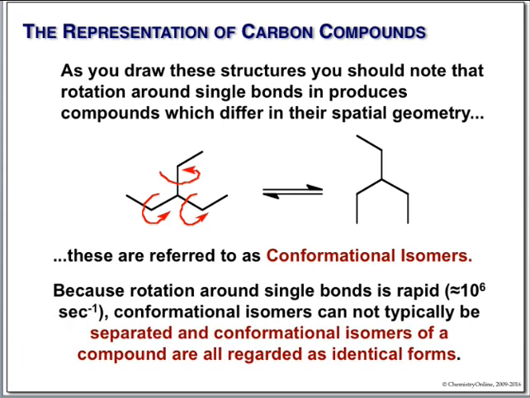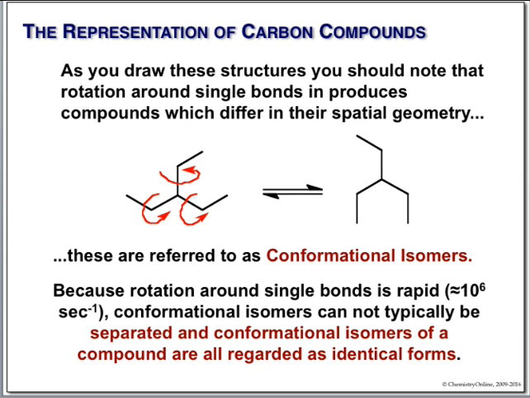These are called conformational isomers, and they only differ by the way you draw them because of rotation. In reality, they interchange so quickly that we don't typically bother with them. We'll see that there is a difference, but we typically don't bother with them. Any way you draw it will work.